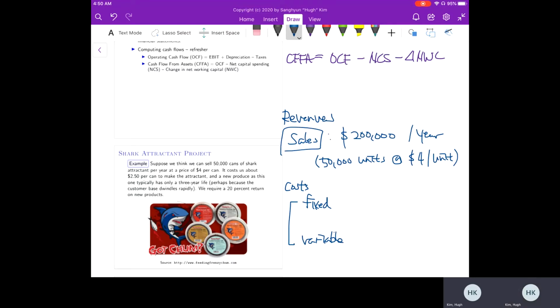So the variable cost here is $125,000 per year. So this is equal to 50,000 units at $2.50 per unit.